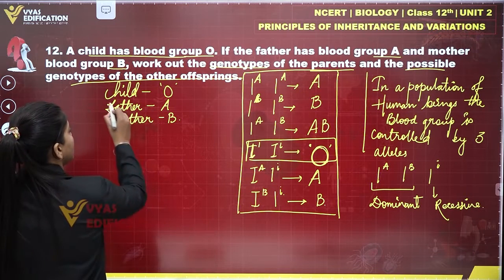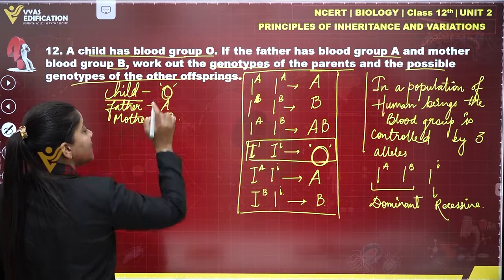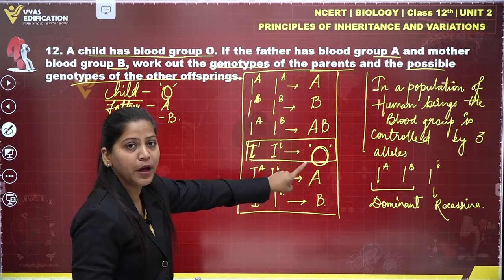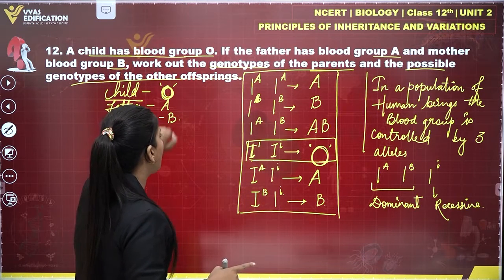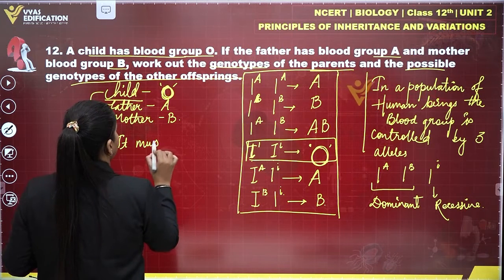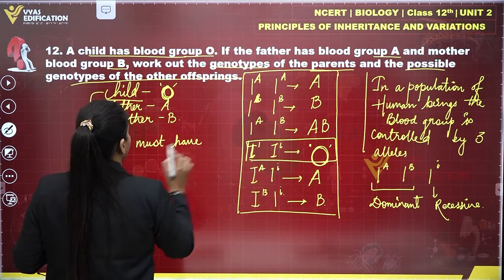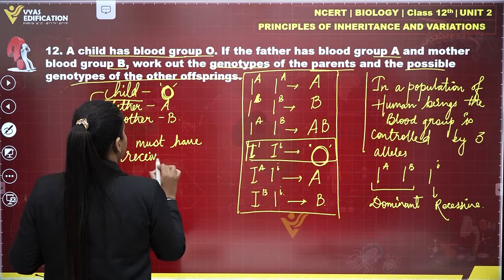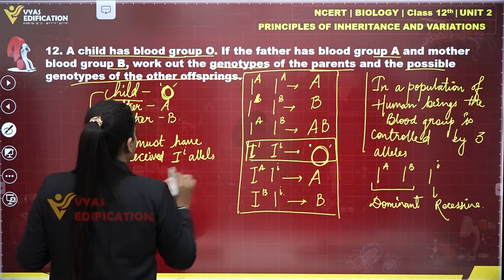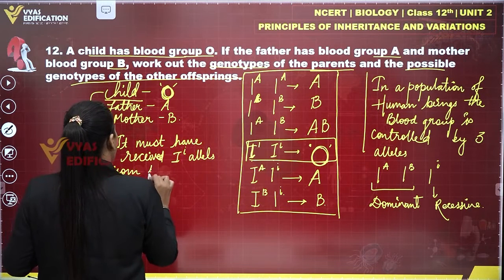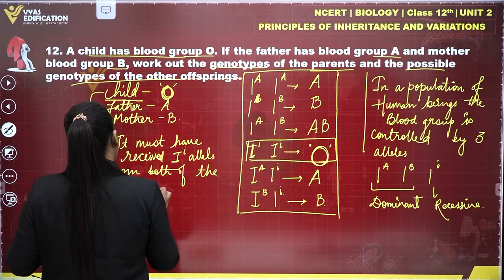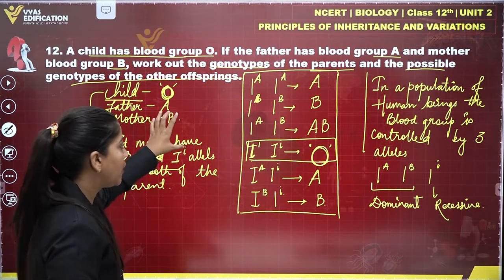So we can conclude that a child with O blood group must have received an i allele from both parents. Only then is it possible to have blood group O. Alright, so this is the answer.